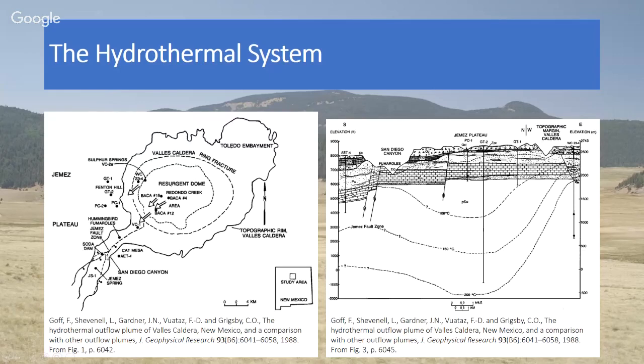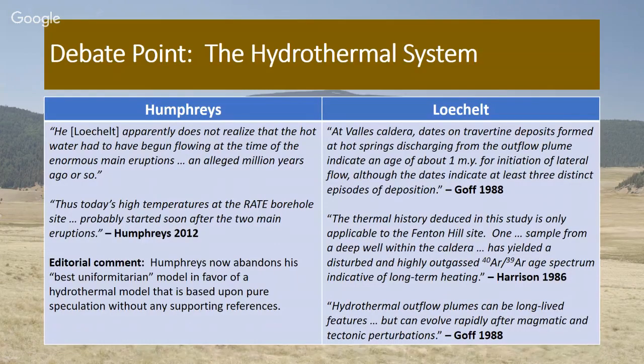What he's saying is, yes, evidence from these deposits say that this branch of the hydrothermal system probably was operating for about 1 million years. So in one sense, Humphreys is right that some parts of the hydrothermal system probably do date all the way back to just after the eruption.